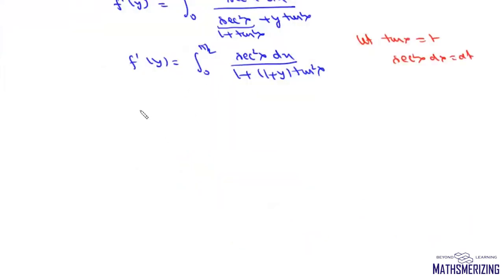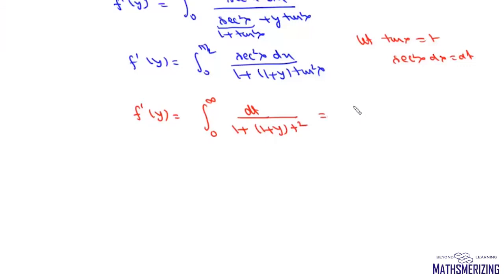Now we can write f dash y as this integral, and we'll put the limits. When x is 0, tan 0 is 0, so the value of t is 0, and at pi by 2, tan pi by 2 is infinite, so t will be infinite. Then it will be dt upon (1 plus y into t square). Now this is of the form x square plus a square, so we'll use the formula.